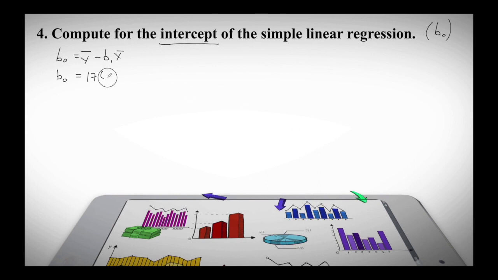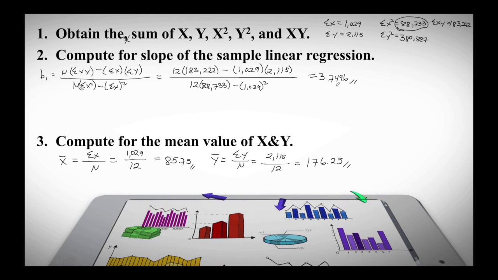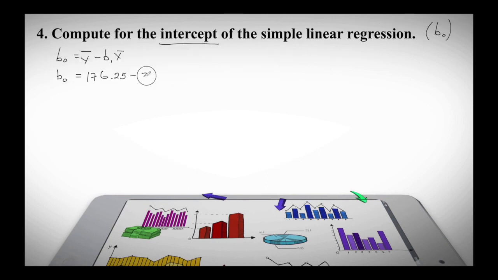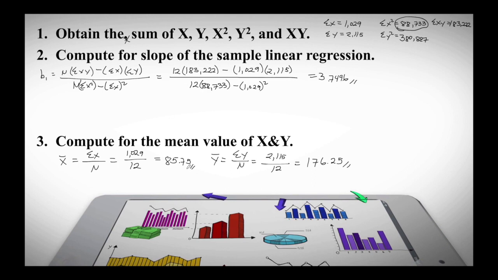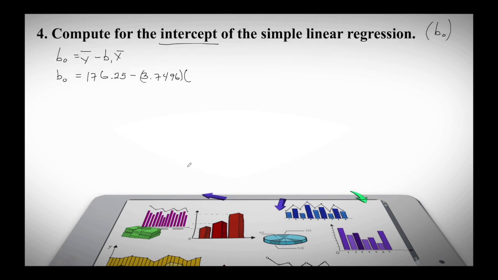So, 176.25 minus b sub 1 computed, which is 3.7496. This will be multiplied to the value of our x bar, which is 85.75. So, let's go. Here, 85.75. And for the value of b sub 0, i-compute natin yan sa ating calculator. Again, don't forget, 176.25 minus 3.7496 multiplied to 85.75.